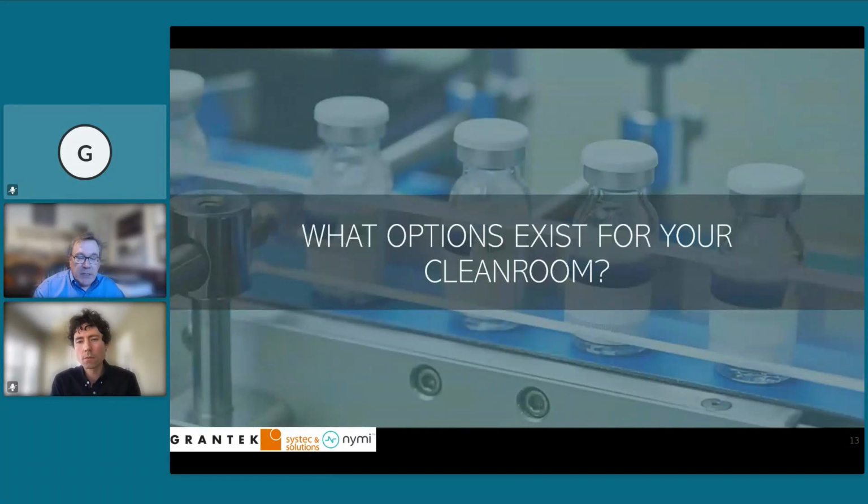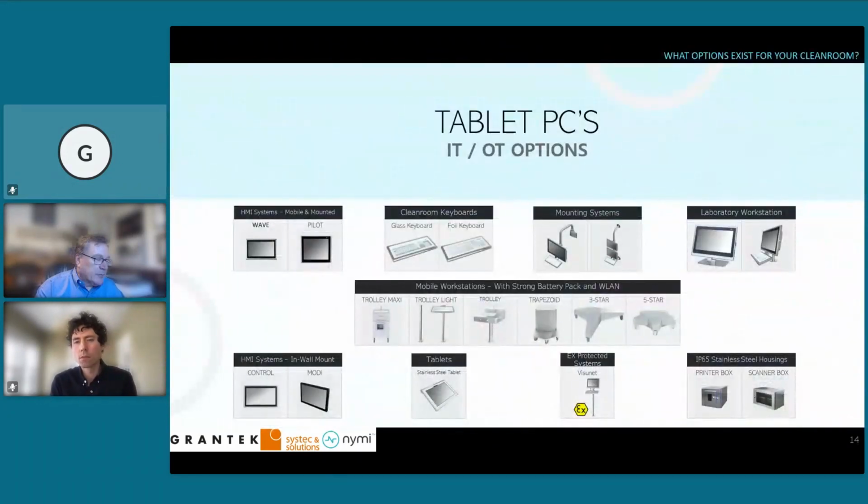So let's talk about some of the options that exist in your clean room that are part of the front end of data integrity. You're not going to work across the top layer. These are stainless steel IT/OT devices that can be anything from a simple display to a full-blown high-powered, 11th gen i7 CPU device. And if you look at the components, we'll start in the upper left.